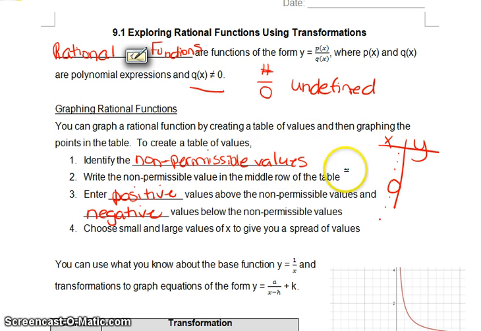Choose some points that are on the other side of your non-permissible value. That way you can see both sides of what's happening to that graph. And then, a little point: choose small and large values of x to give you a spread of values. It's really important to use a spread of values, because if you go with really small values, you're not going to see what's happening with the graph.